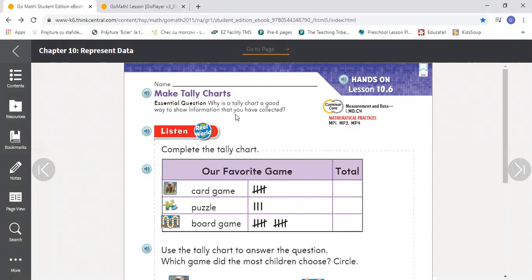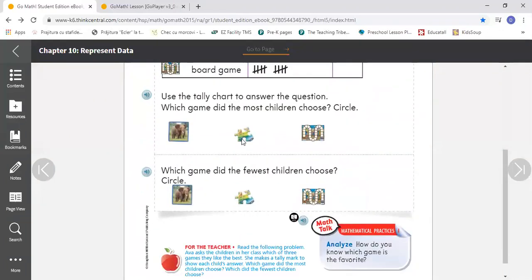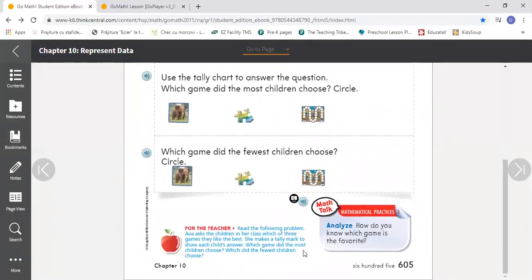Now, you will see that we will have a math problem here. If you remember your books, we go down to the bottom of the page and we read the problem about our lesson today. Let's read together. Ava asks the children in her class which of 3 games they like the best.